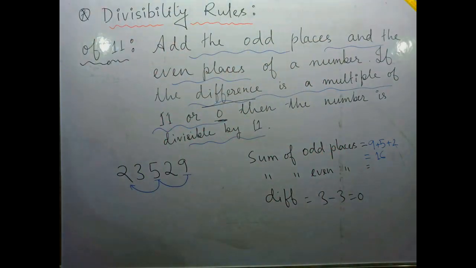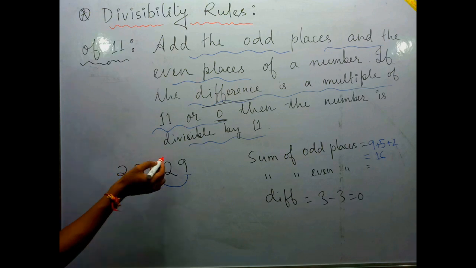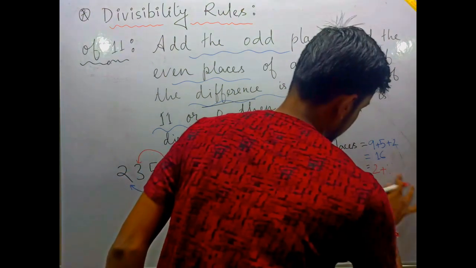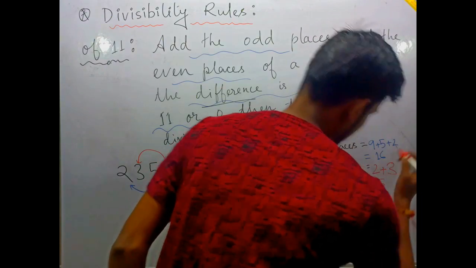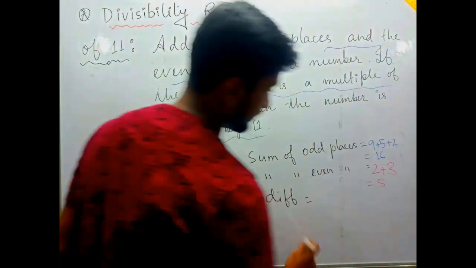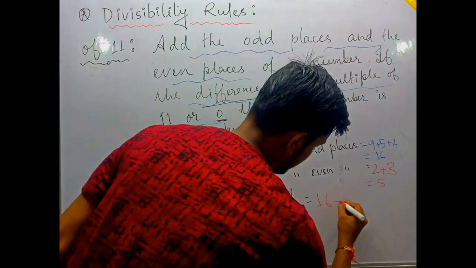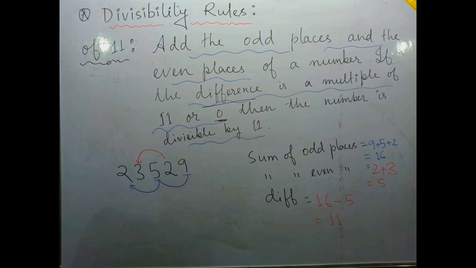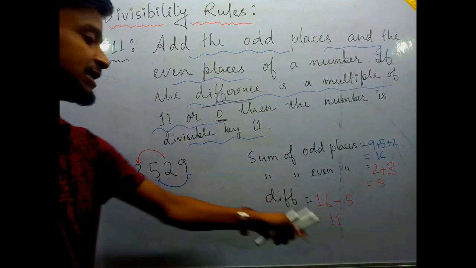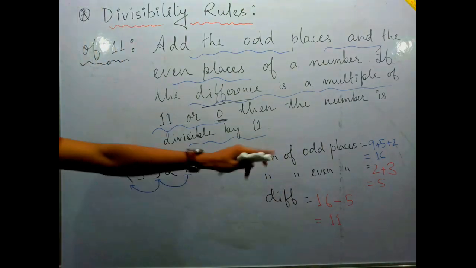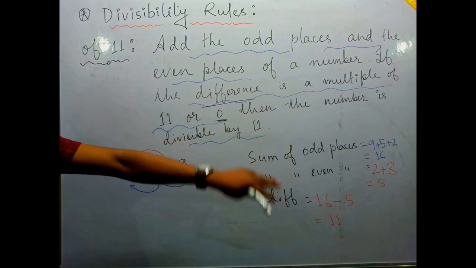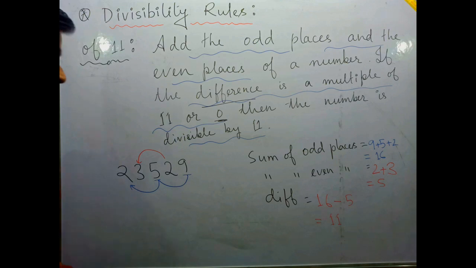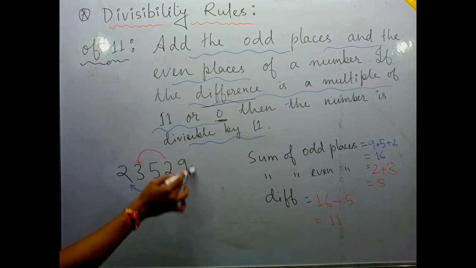And what is in the even places? 2 and 3. 2 plus 3 gives 5. So what will the difference be? 16 minus 5, that is 11, which is a multiple of 11. Right, the difference is 11 itself, so the difference is a multiple of 11.